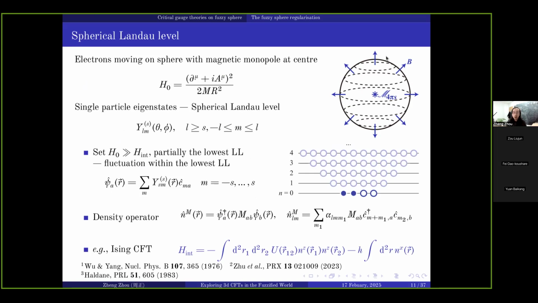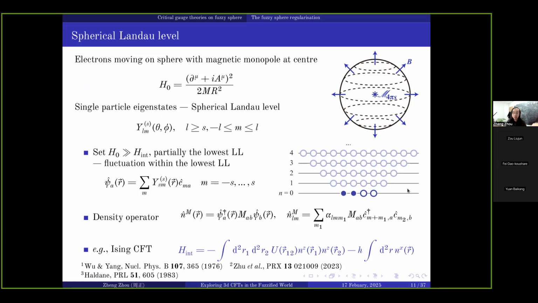And the magnetic flux will modify the single particle Hamiltonian and further modify the single particle eigenstates. Now, the single particle eigenstates form the highly degenerate spherical Landau levels.